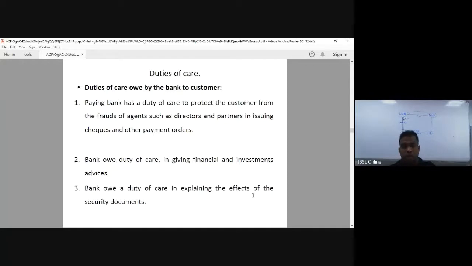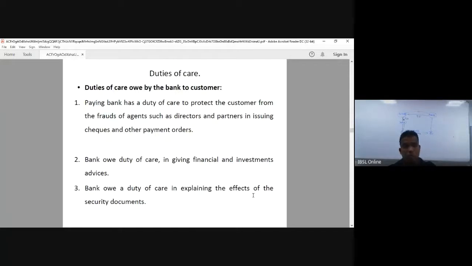So if you can't explain, don't explain, right? Don't try to give a wrong interpretation or wrong explanation to the customers, because most of the time I have seen that the officers give wrong interpretation and wrong explanation for the documents.